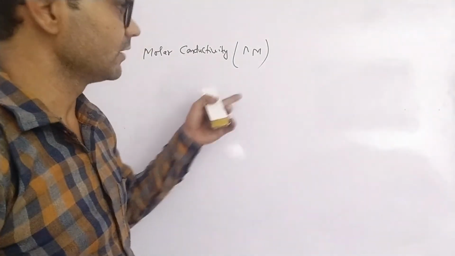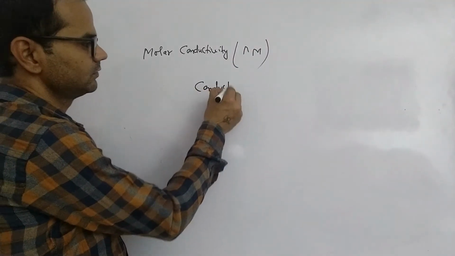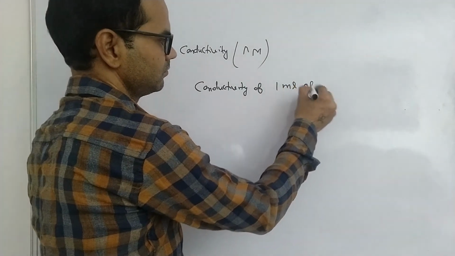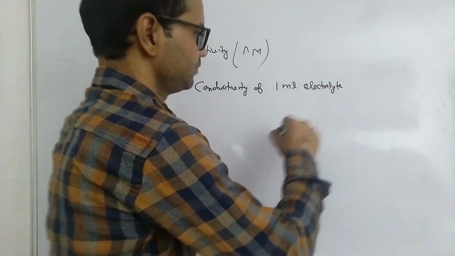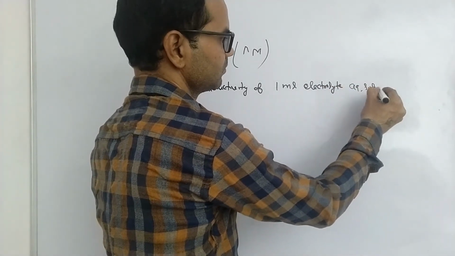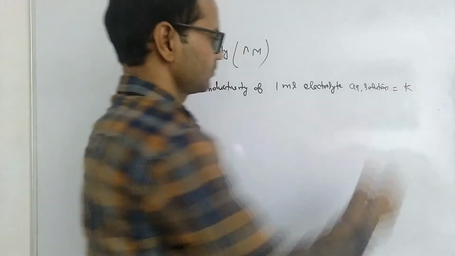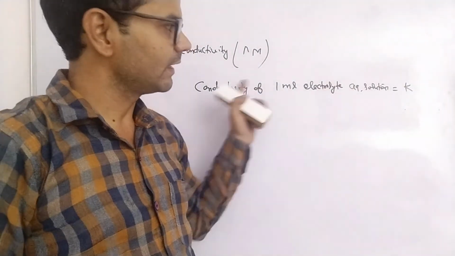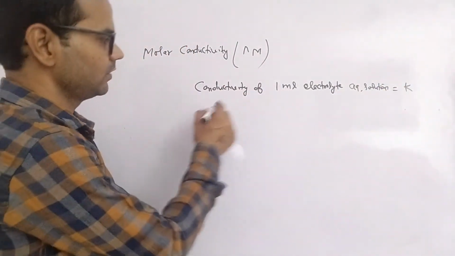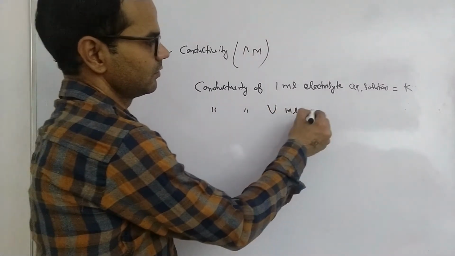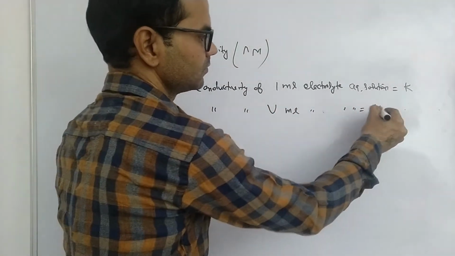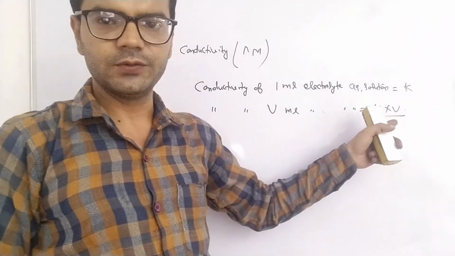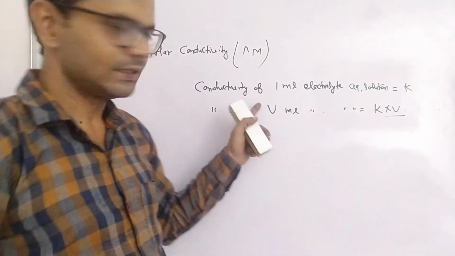We have concluded conductivity of 1 ml electrolyte aqueous solution is K. 1 ml conductance is K. And if we have the volume V, so conductivity of V ml electrolyte aqueous solution will be K into V. Now, what is this V?